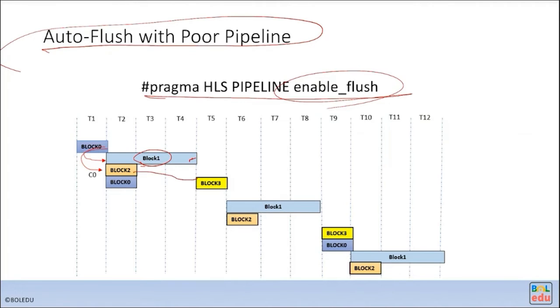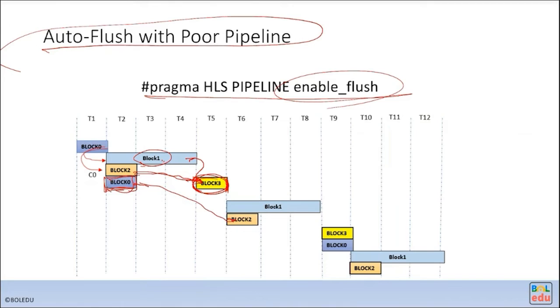Then the block 2 data and block 1 data can be popped and used by block 3. Block 0 can only feed data when block 1 and block 2 can accept the data.